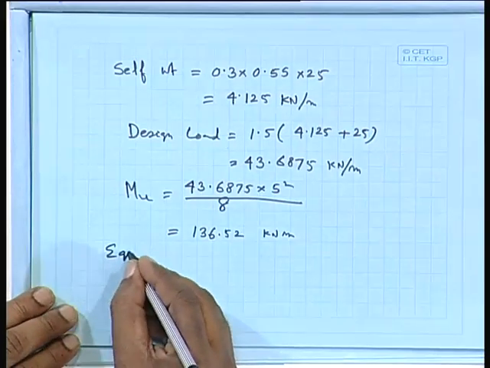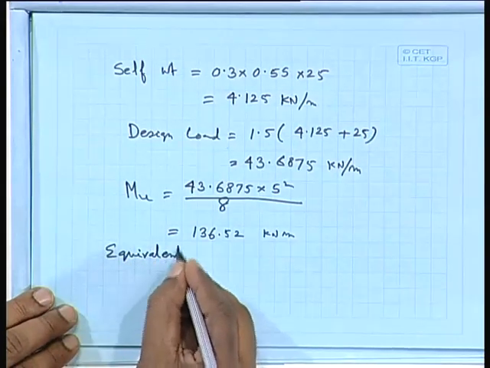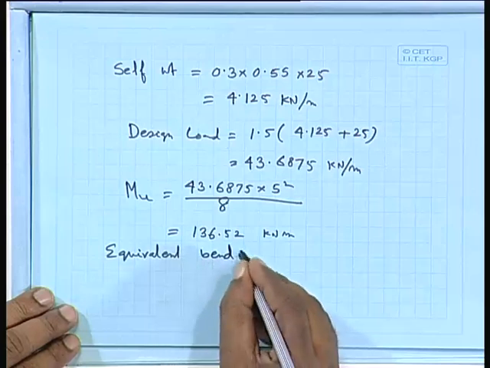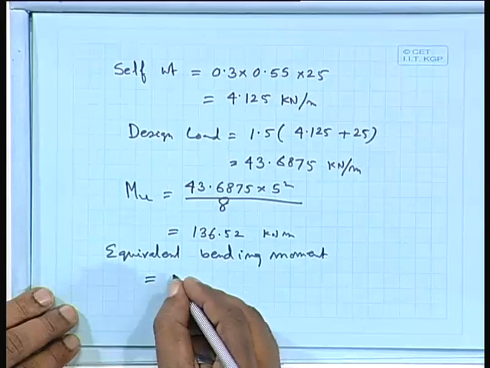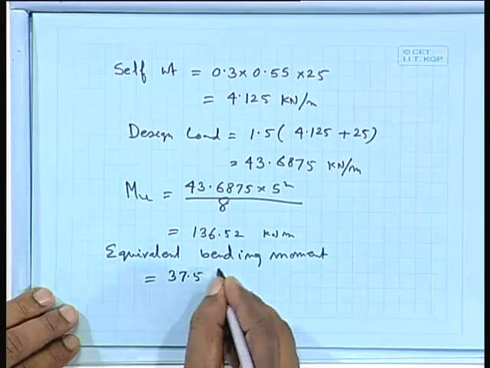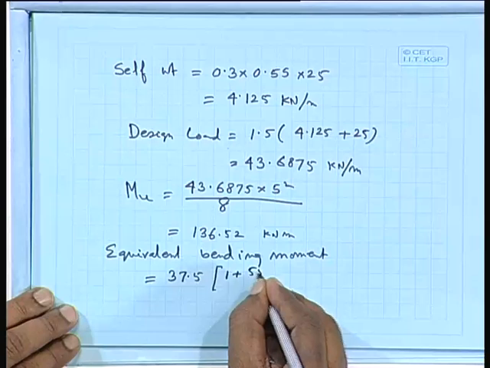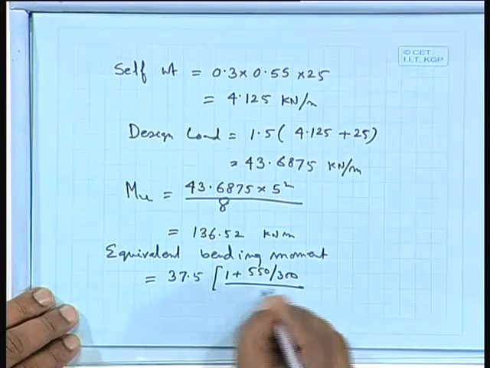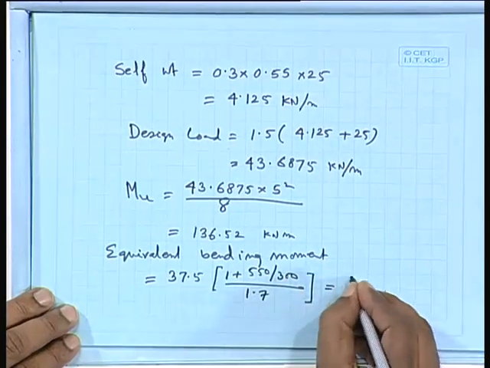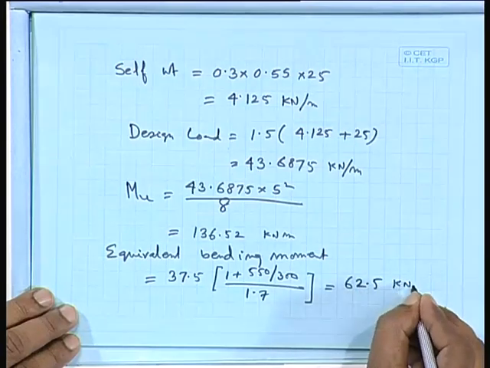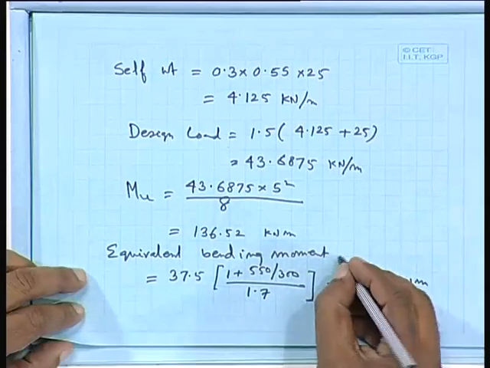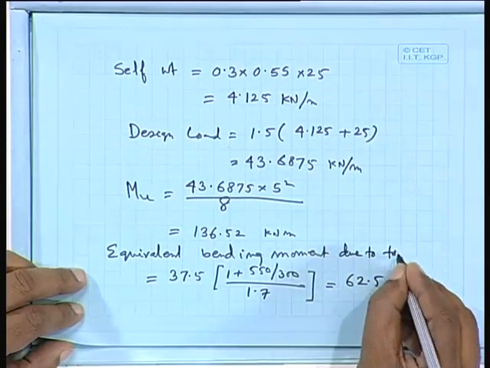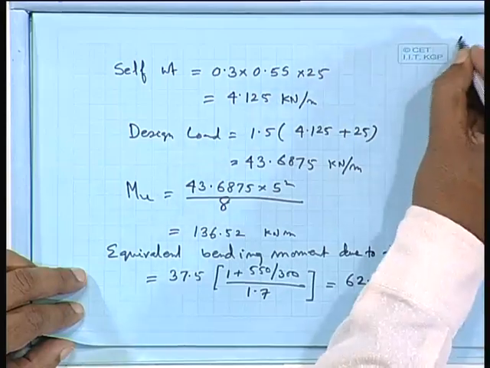Equivalent moment: so 37.5, 1 plus 550 by 300 by 1.7 equals 62.5 kilonewton meter. So this is due to torsion only.